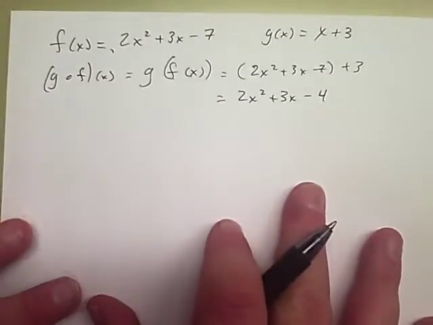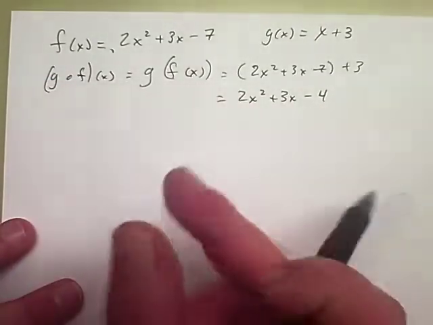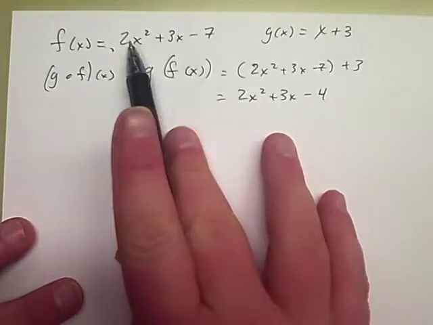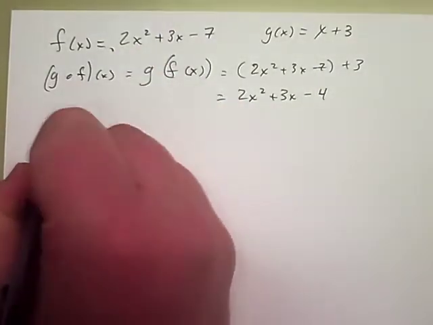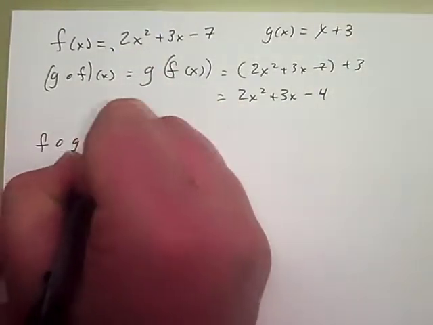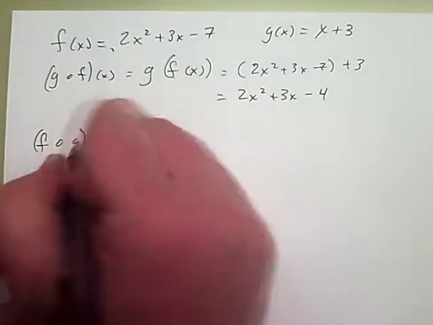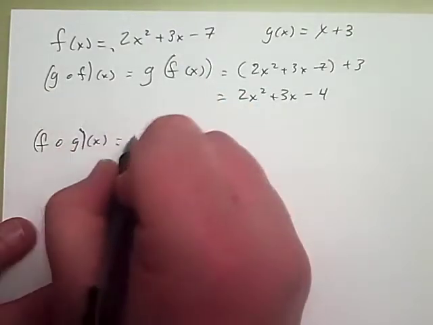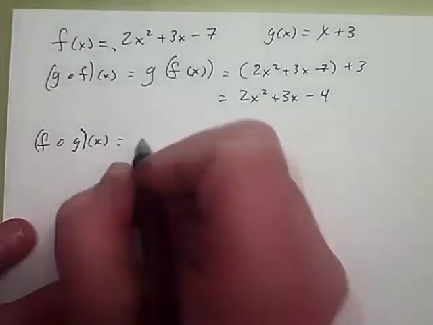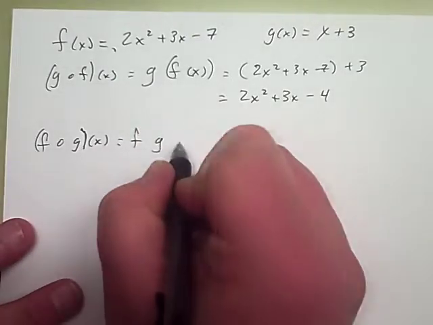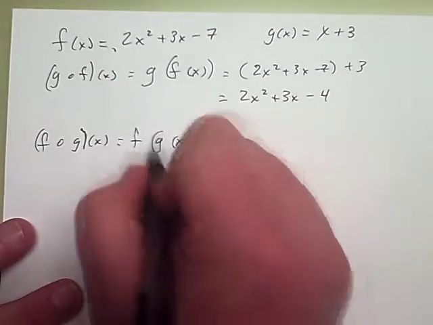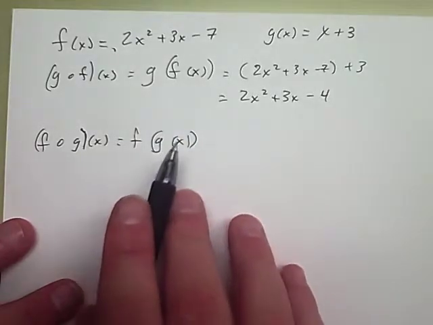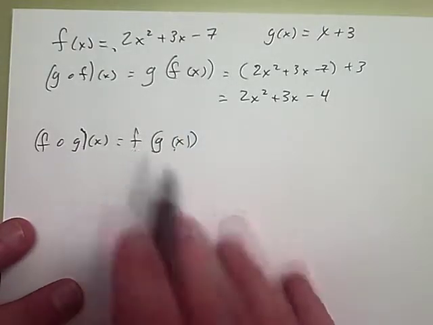Now, let's see the trickier version of this, or the trickier thing here is what happens when I have to plug g inside of f. All right, so I look at f composed with g at x. Again, I want you to rewrite this. Letters stay in the same order. F, g, and x. So this now tells me that the g function is going inside of f.